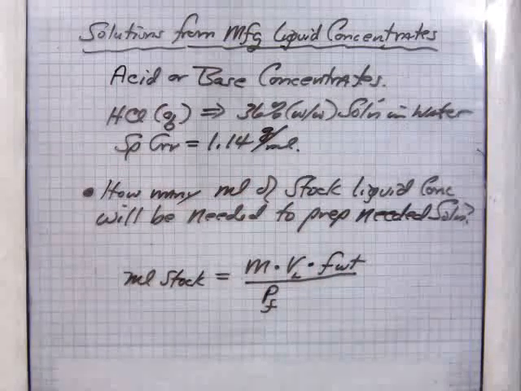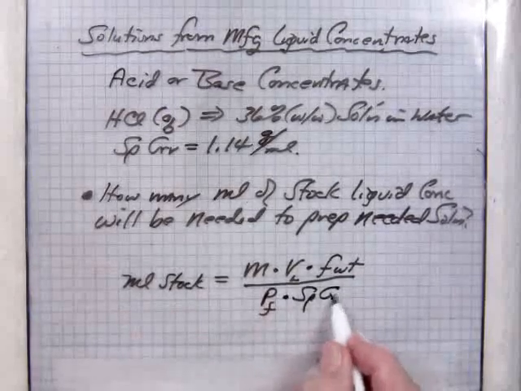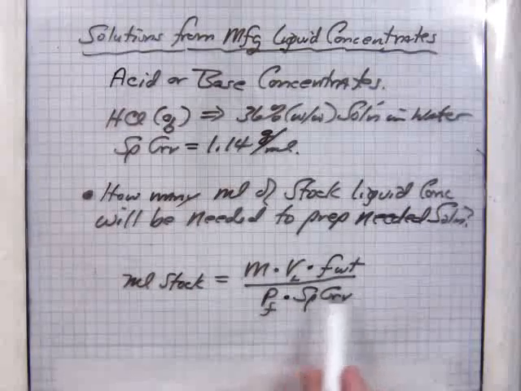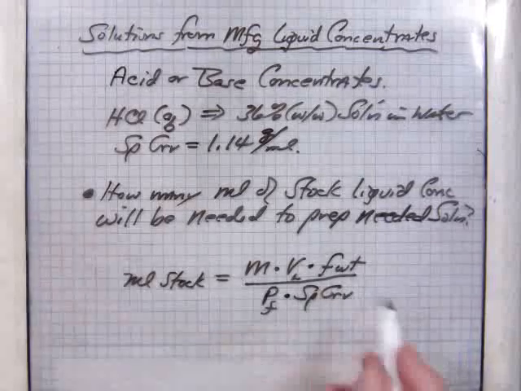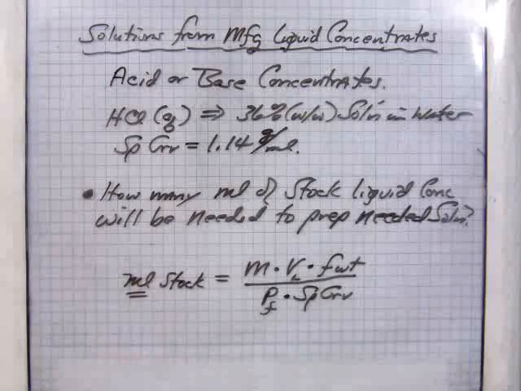So it's just like the first formula we used, but it's also divided by the density number or specific gravity number in grams per milliliter. And so all of the terms will drop out of this except the milliliters term. So this gives you milliliters of stock you need to extract, transfer to the mixing container, and then dilute to the final volume.